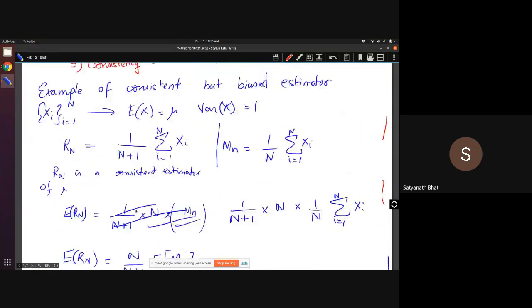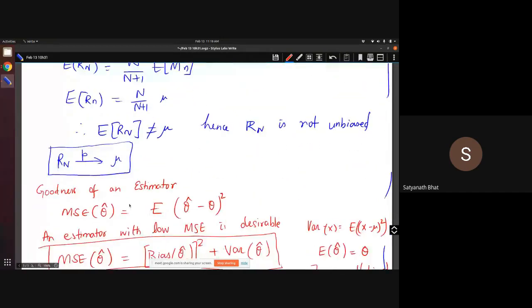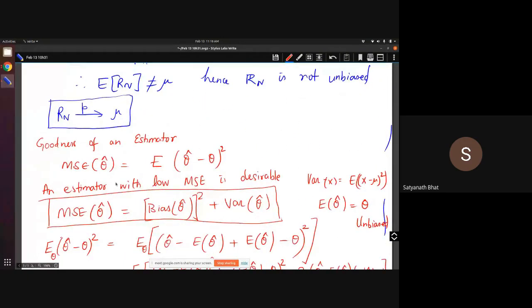Then we saw some examples, and finally we came to the idea that consistency is saying that as n tends to infinity, you are approaching the true value of the unknown parameter theta. But if you want to measure the error at some n, the error goes to 0, but what about a particular n?